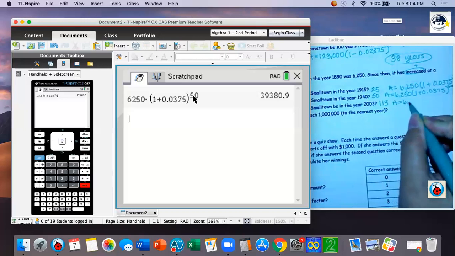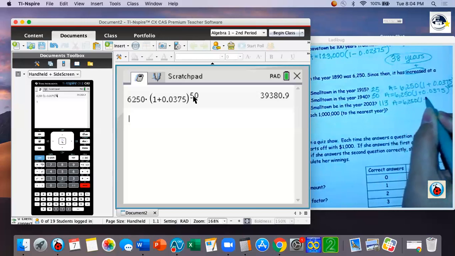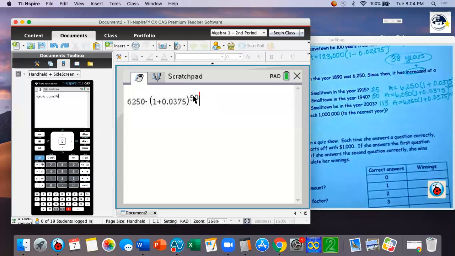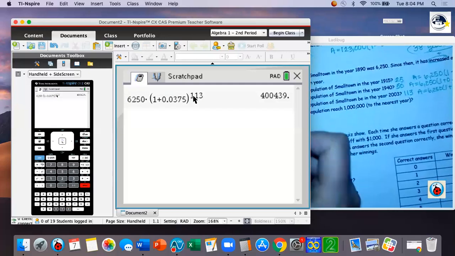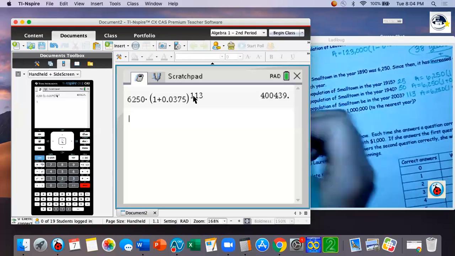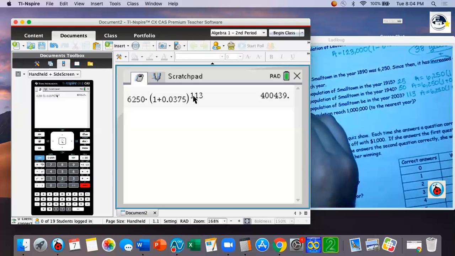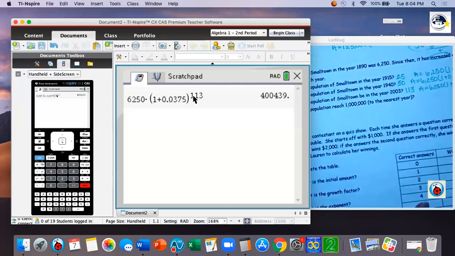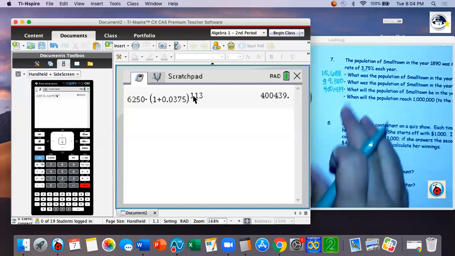So again, same equation, just now we are changing that exponent to 113. So I'm going to do Control Z. So for the power of 113, I get 400,439. And there, I wrote it right here off to the side.